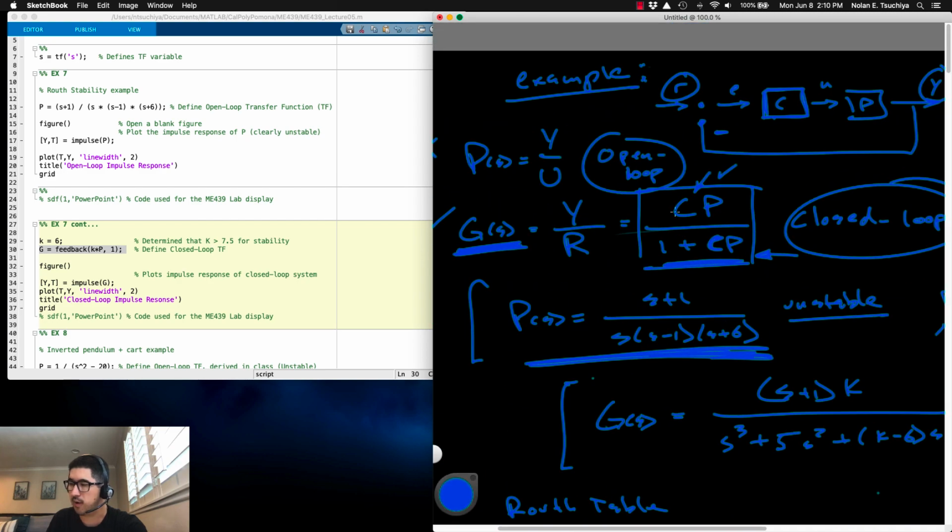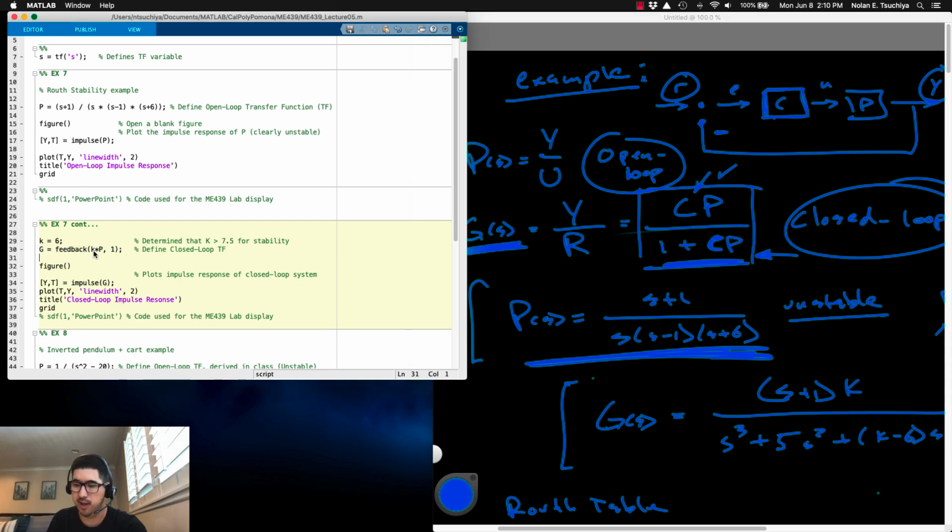If I want to make the transfer function CP over 1 plus CP, the way to do it is to use the feedback function in MATLAB and specify what's called the feed forward term, which is C times P, and then the feedback term, which is 1 in the case of unity feedback. So this line of code defines CP over 1 plus CP, and all I have to do is define a control gain to input and look at the impulse response of the closed loop system.